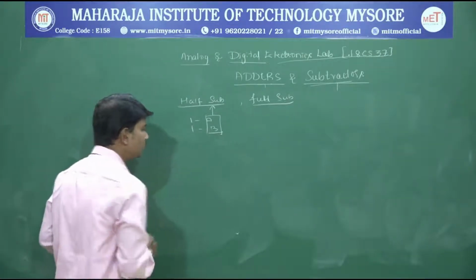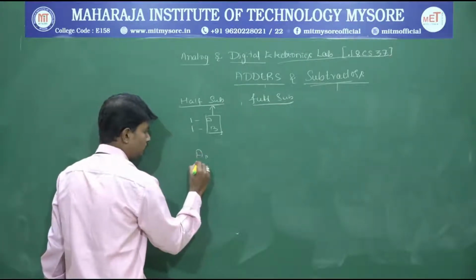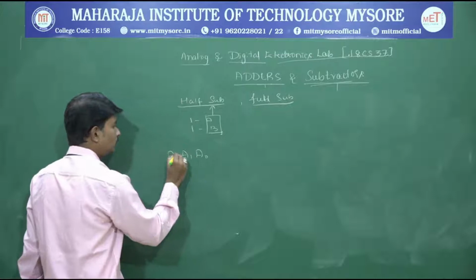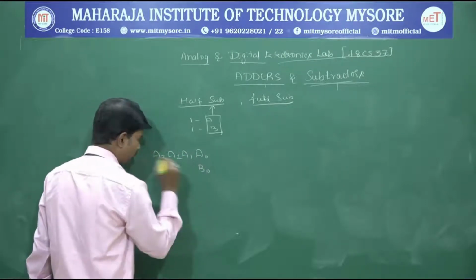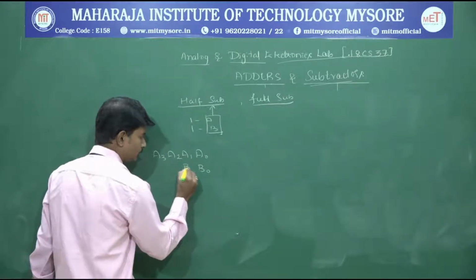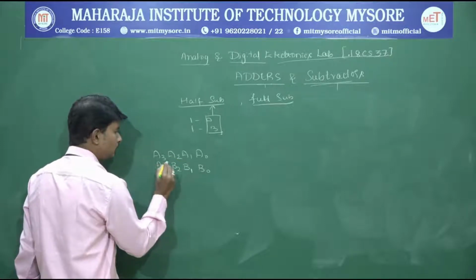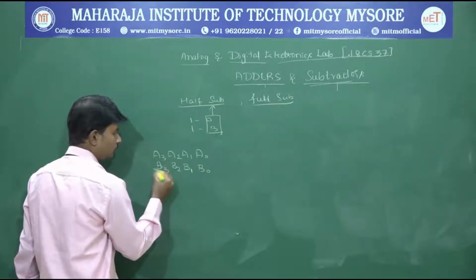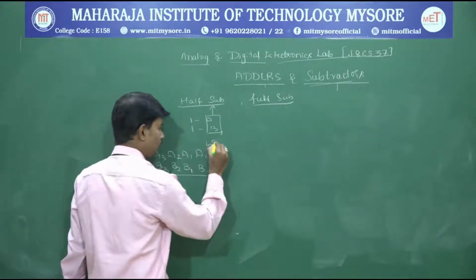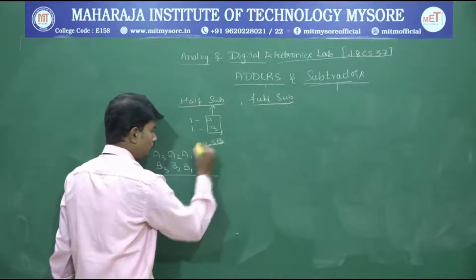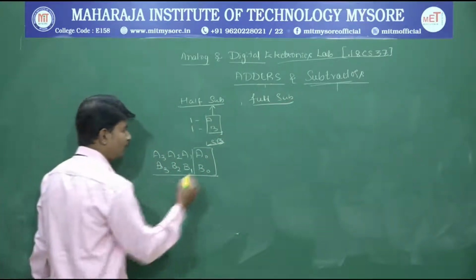So what happens is, if I consider n number of variables, let's say A0, A1, A2 and A3, and now I'm going to subtract the B variables from the A. At the LSB, if I want to subtract A0 and B0, I don't need any borrow.